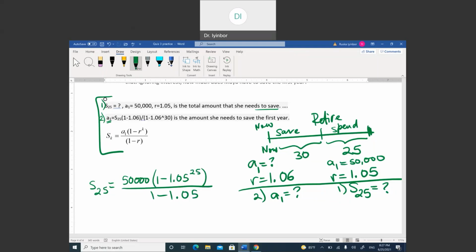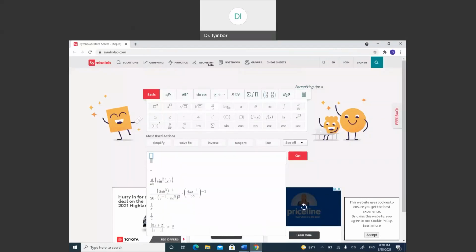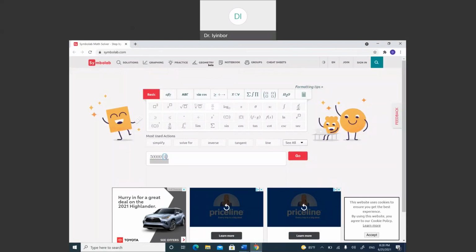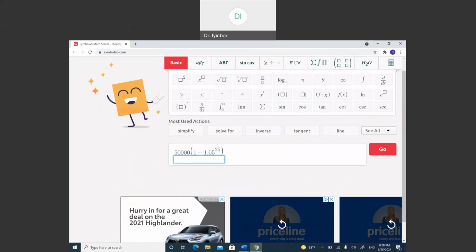So let's use the calculator. So we have a fraction: 50,000, parentheses, 1 minus 1.05 with exponent 25, over 1 minus 1.05.